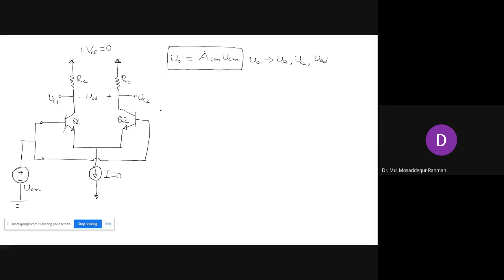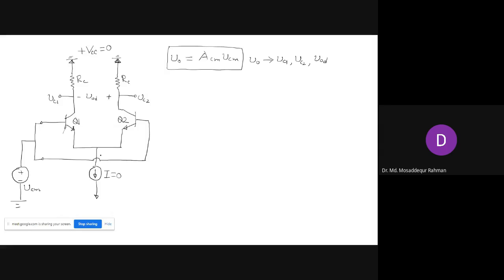Right? Now, here we have to consider one thing. When you set this to 0, this gets short circuit, this gets connected to 0, because the ideal voltage source will have 0 resistance, and this will get open circuit here, right?